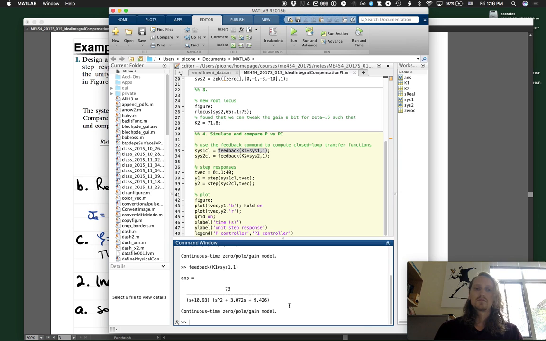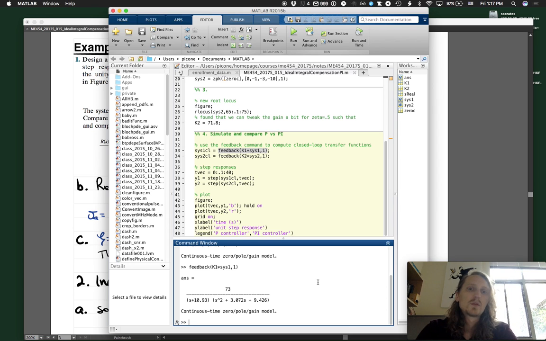Its closed loop transfer function is third order, and it's got the gain of 73 we specified, and it will have a certain response characteristic. So we'll check it out and see what it does.